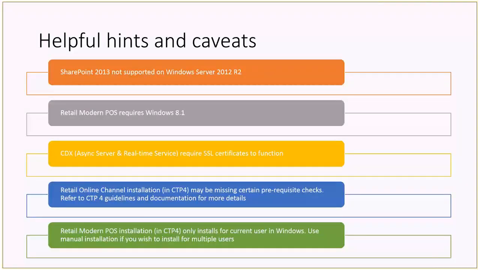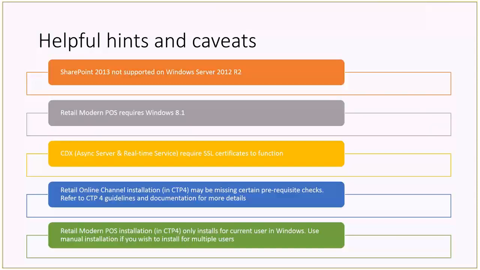One of the things you'll need to keep in mind is that for the R3 solution of AX 2012 for retail, for deploying your online channel, you need to have SharePoint 2013 installed on your computer. Now, SharePoint 2013, as of now, is not officially supported on Windows Server 2012 R2.